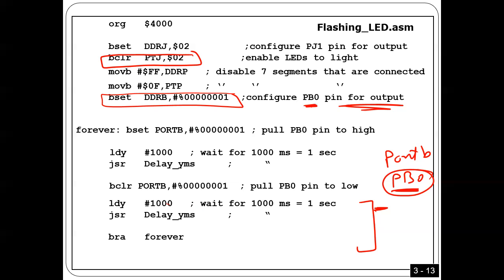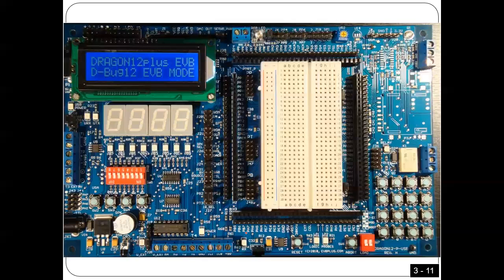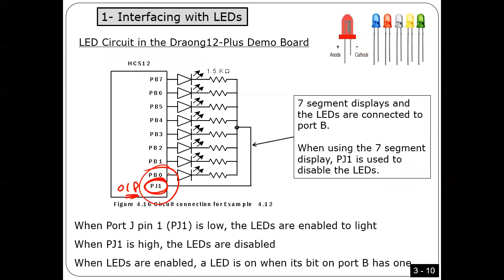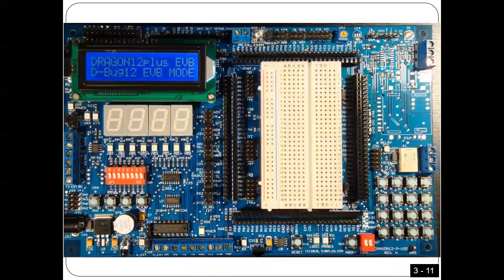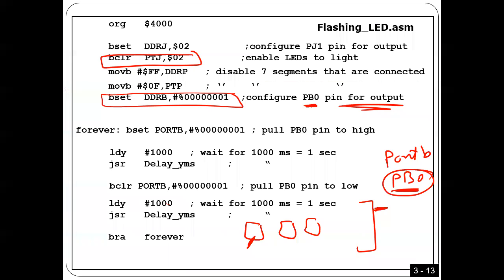As I told you last time, every 7 segment has one pin, exactly like this one, like BG. It has one pin to enable or disable, but this pin is actually PB0, PB1, PB2, PB3. So this is on port P, okay?